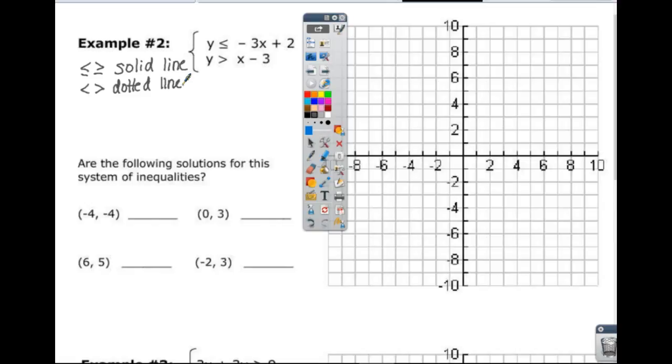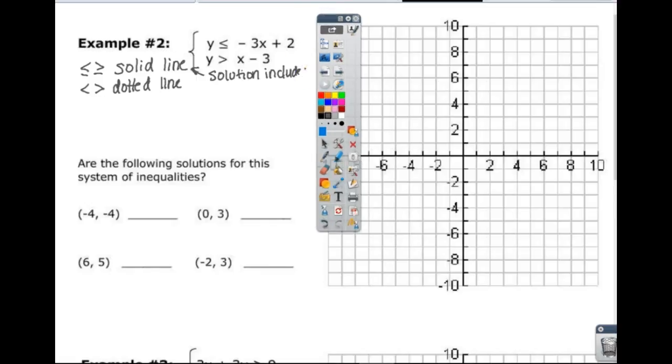If it's a solid line, the solution is included. With the dotted line, the solution is not included, and I'll show you what I mean by that. And if you have one of these signs, we're going to shade below.